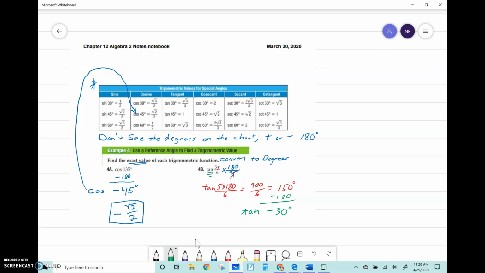So the tangent of negative 30 degrees is going to land us right here. Okay? Now, because that's a negative, our answer is going to be negative. And inside of that box of 30 degrees is square root of 3 over 3. That's a negative.